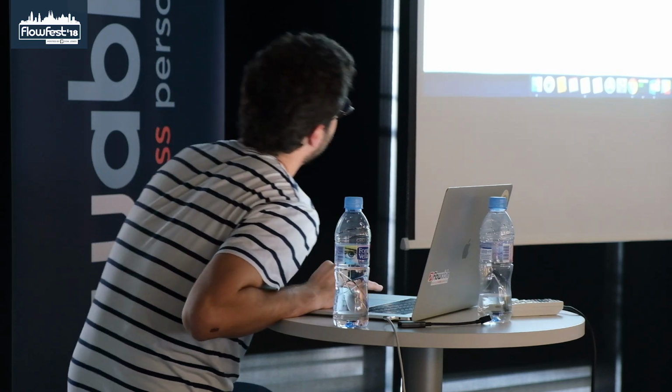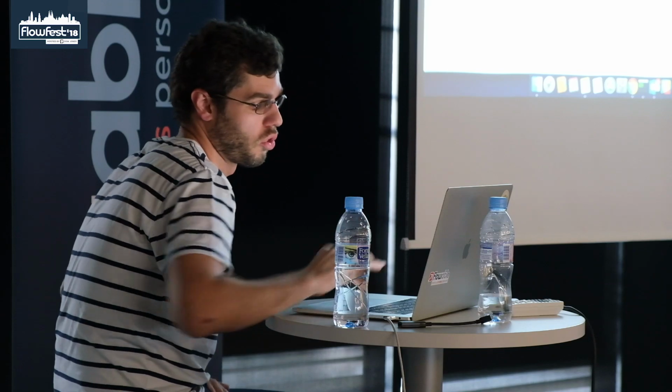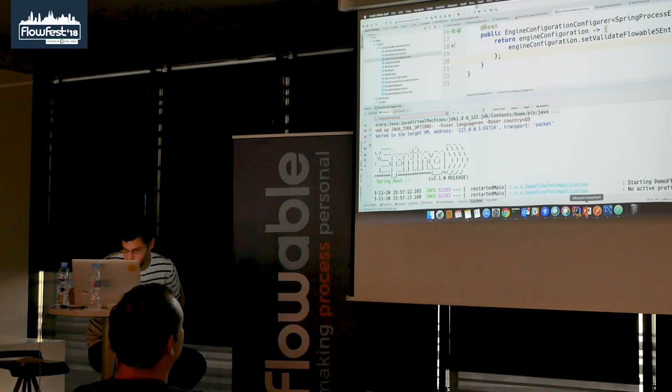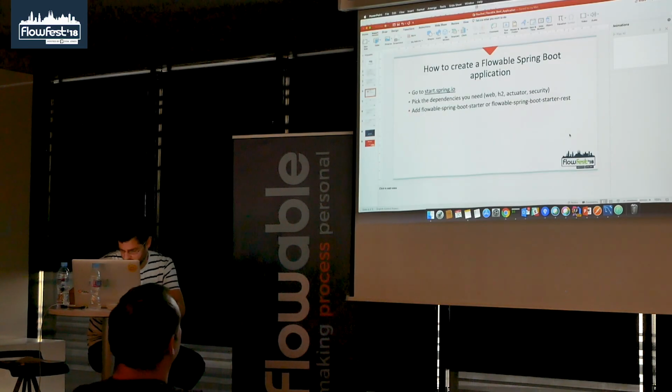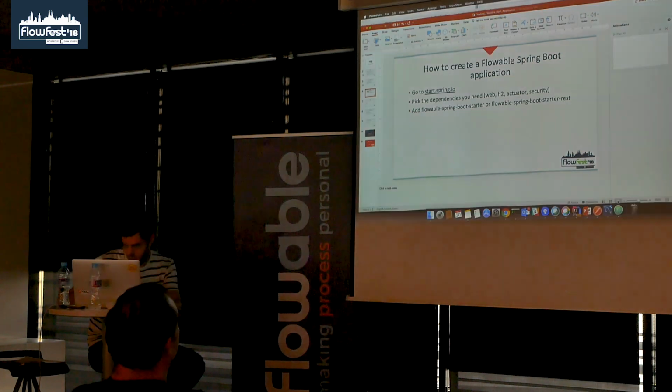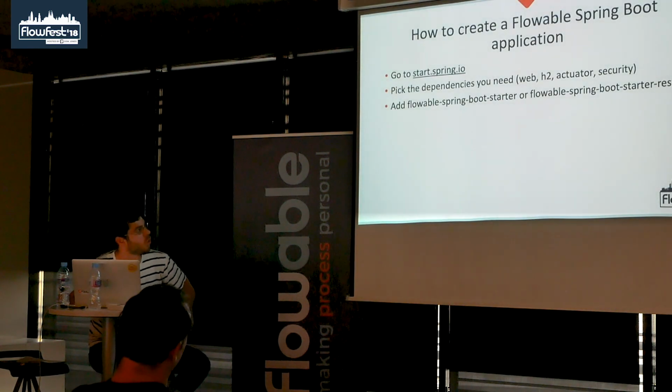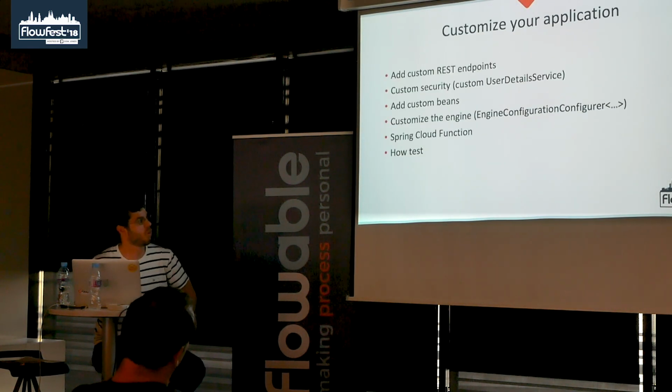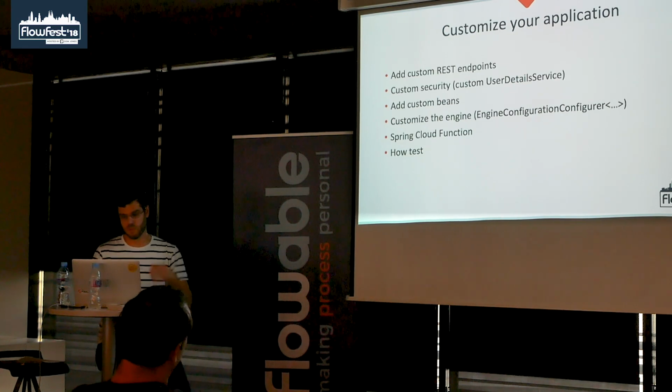Good. So I think that's more or less it. We are going to finish up with my slides. So yeah, this is the demo, and basically this is what we did.